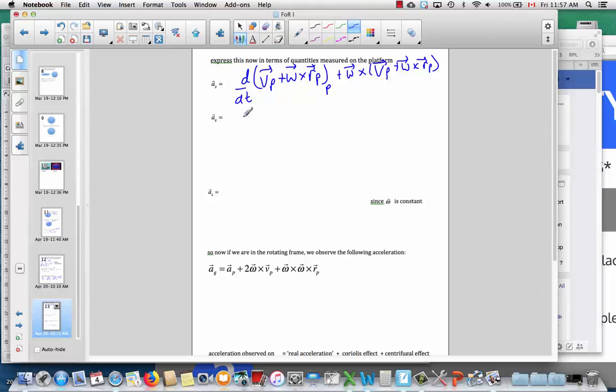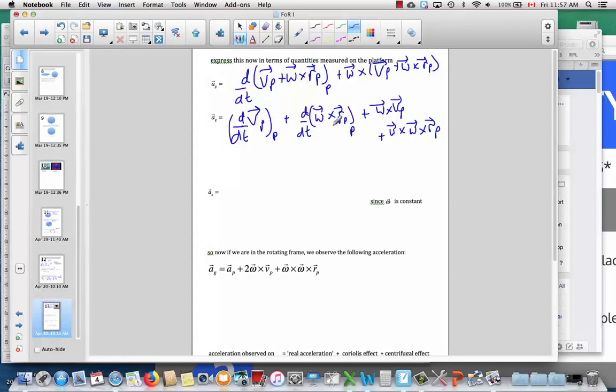So the first term is going to be the rate of change of the velocity measured in the platform, and the rate of change is also done with respect to the platform, plus, here we've got a time derivative of omega cross our platform, and that time derivative, that rate of change, is as seen in the platform, and then there's two terms here, omega cross v, and then here's a double cross product, omega cross omega cross r.